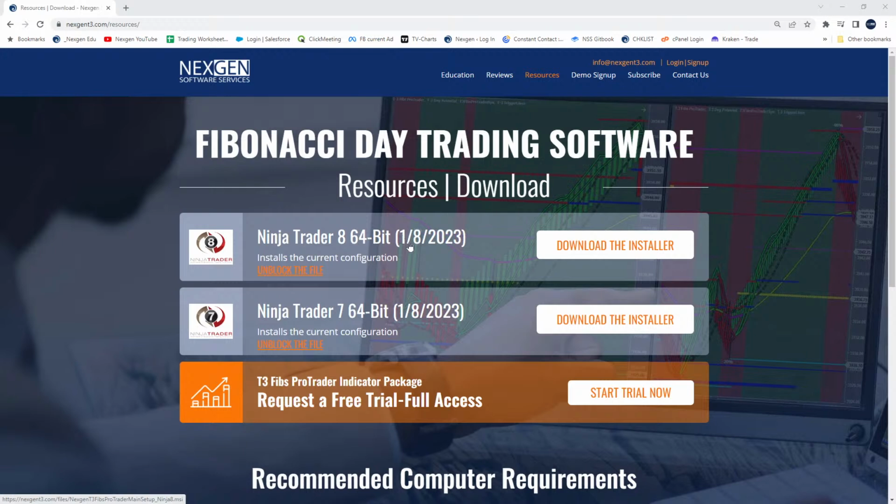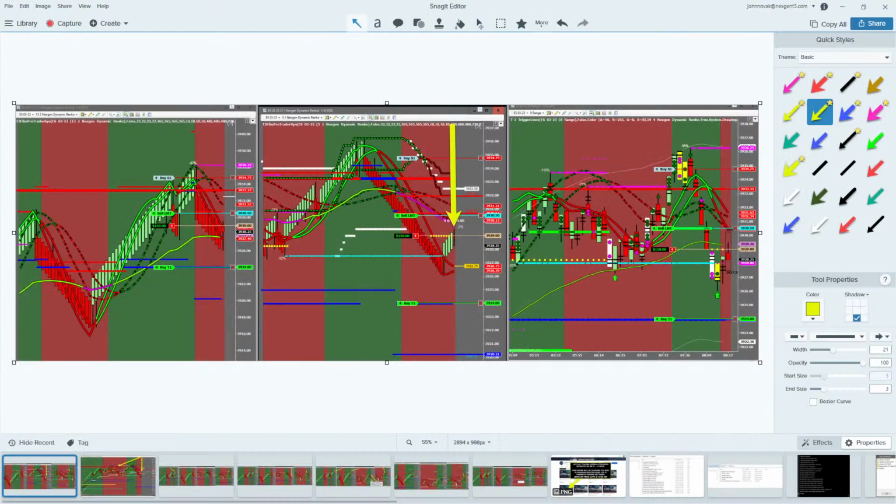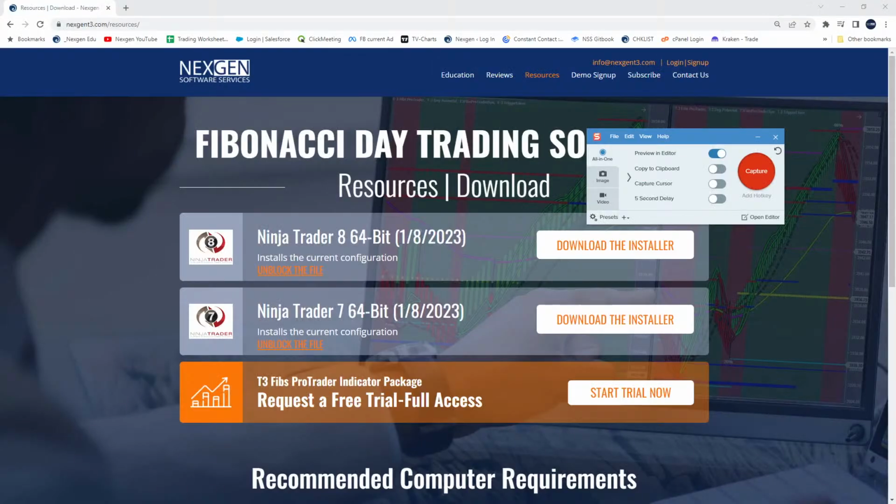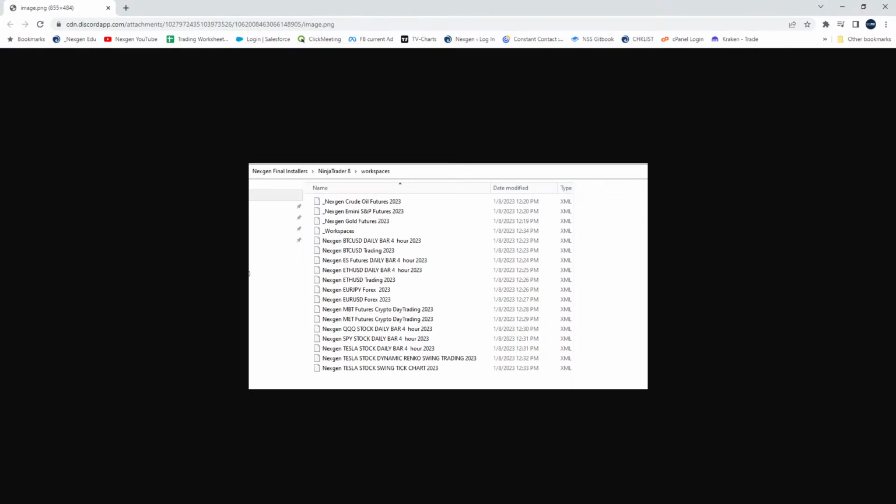I've updated the installers on the website, and I'm going to post a couple of pictures. For those of you on NinjaTrader 8 or NinjaTrader 7, I've put together new workspaces.